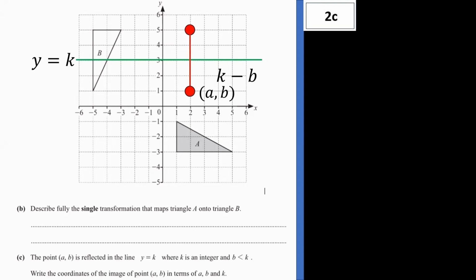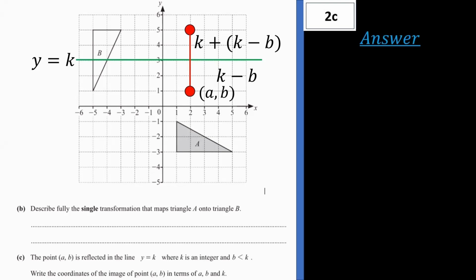But how do we ensure that the same distance is what is given? Here we are going to have k plus that distance. Just like we have 3, if the distance is 2, 3 plus 2 will give us 5, which is where that second red point is. So it's going to be k plus the distance, which is k minus b.